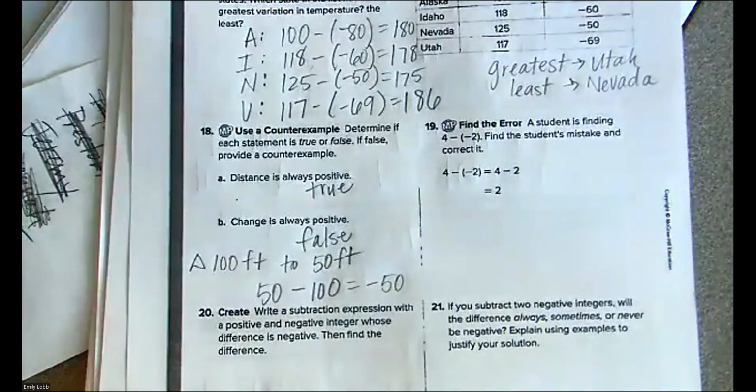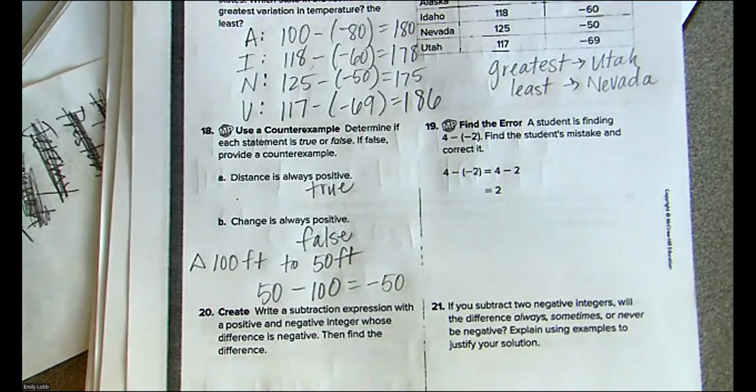So that's what I would do to show the counterexample. Any change from a bigger value to a smaller value, my change is going to be negative because I'm going down, right?